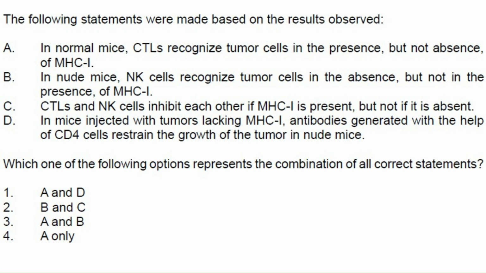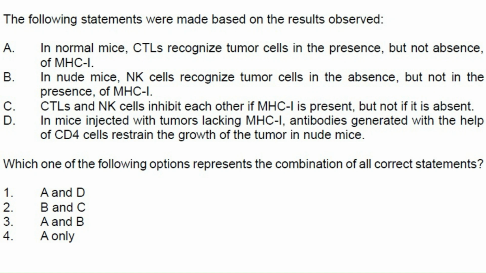Statement C is, cytotoxic T lymphocytes and natural killer cells inhibit each other if MHC class 1 molecules are present but not if they are absent. And statement D is, in mice injected with tumors lacking MHC class 1 molecules, antibodies generated with the help of CD4 cells restrain the growth of the tumor in nude mice.